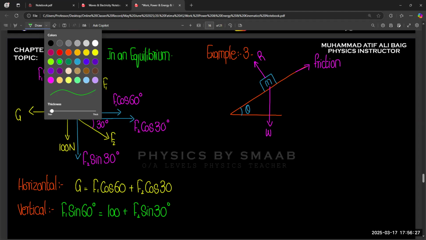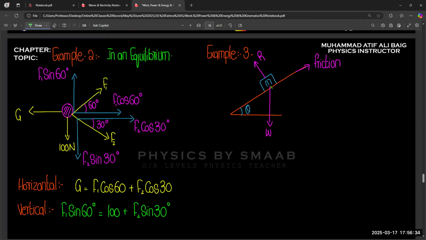So if we make the components of the weight force, one component is exactly in this direction, that is opposite to the normal reaction. So this component balances the normal reaction. And the other component is parallel to the inclined plane, right?